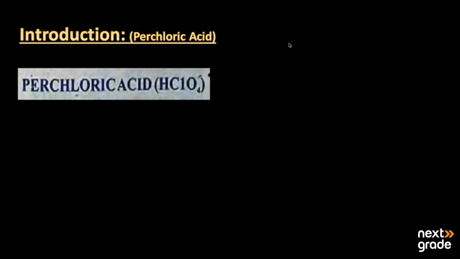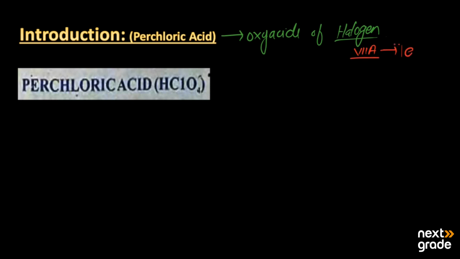So, the topic that we are going to discuss today is perchloric acid, which is a class of oxyacids of halogens. If you already know about the halogens, these are basically group 7A elements that contain 7 electrons in their valence shell, and they require just one more electron to complete their octet.